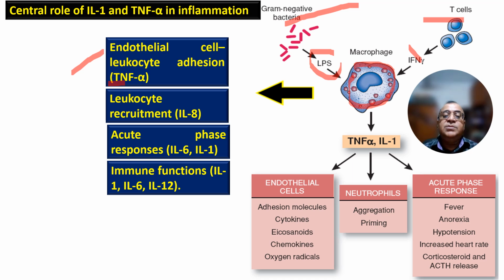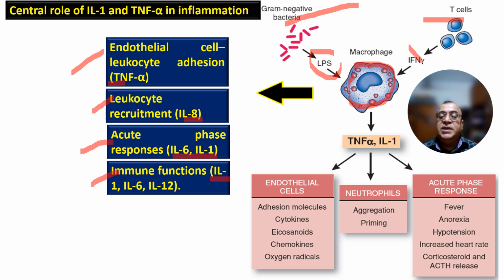They are responsible for recruitment of leukocytes by interleukin 8. Interleukin 6 and interleukin 1 play their part in the acute phase response, while there are many immune functions associated with this process through interleukin 1, 6 and 12.